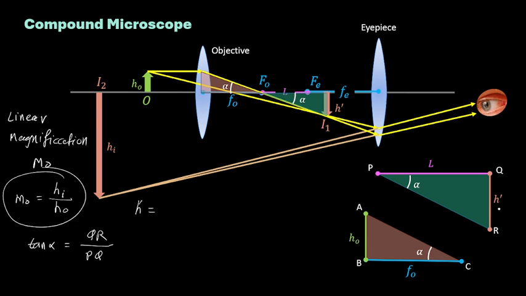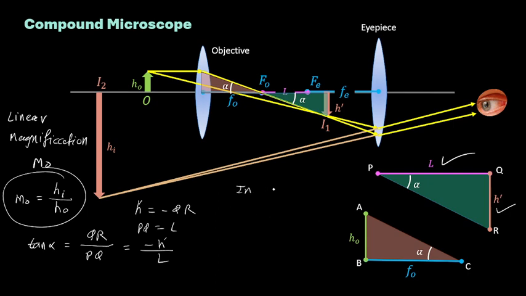So image size H dash is negative QR, and we can therefore write it the PQ. PQ represents the distance between two focal points, the tube length. So PQ is equal to L. We substitute for them, we replace QR by negative H dash and PQ by L. This is tan alpha for triangle PQR.